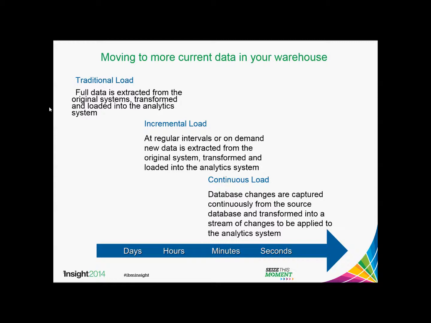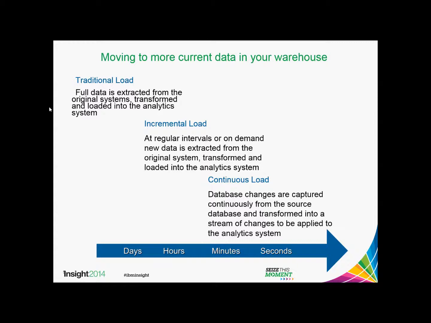So as you look to have more current data in your warehouse, there are 3 different sorts of load patterns that we talk about. Traditional load: you get all the data from your system, transform it, and load it into your analytics. Incremental: at regular intervals you get all the new changes and update your analytics system, so it stays static for a while and then gets made up to date, static and then up to date incrementally.